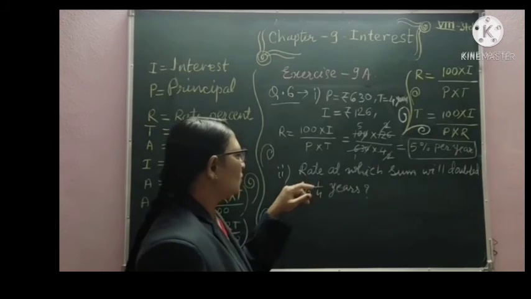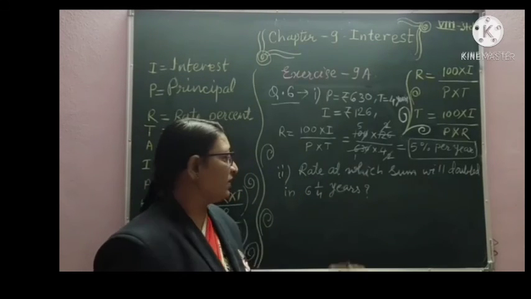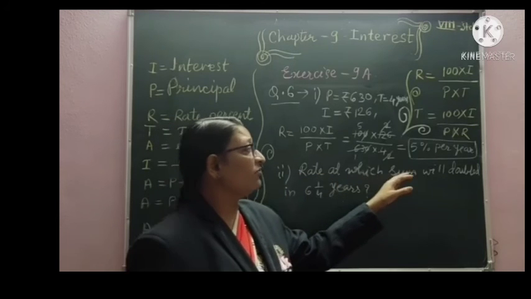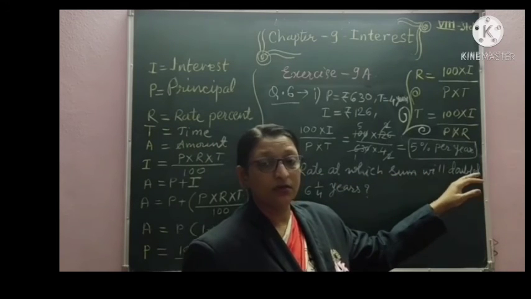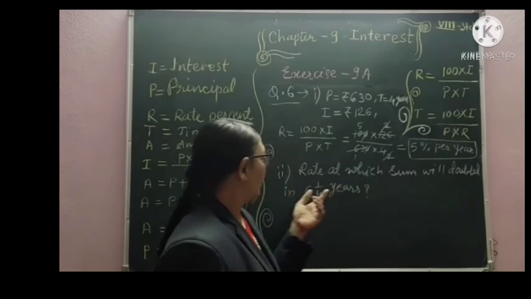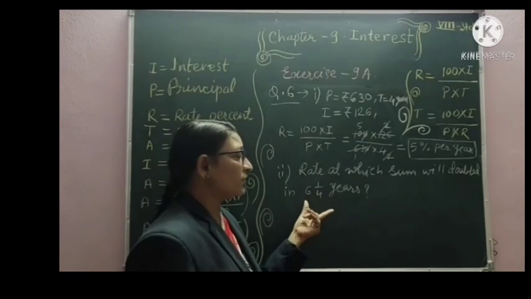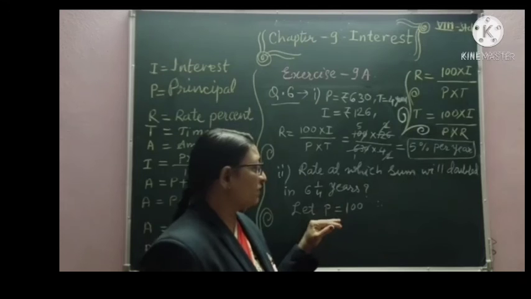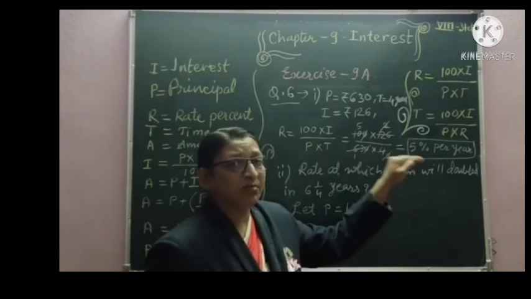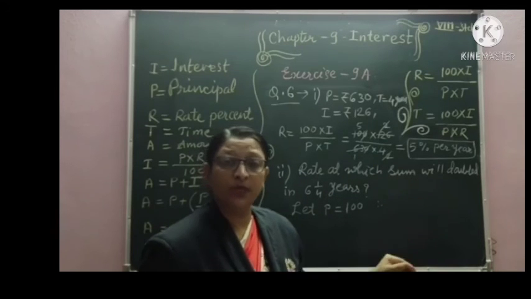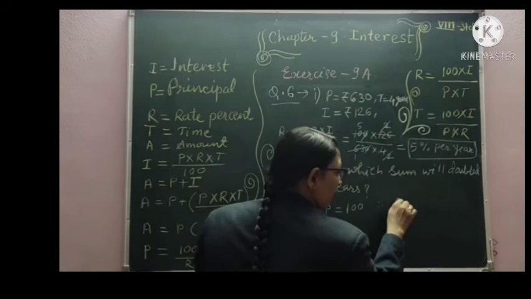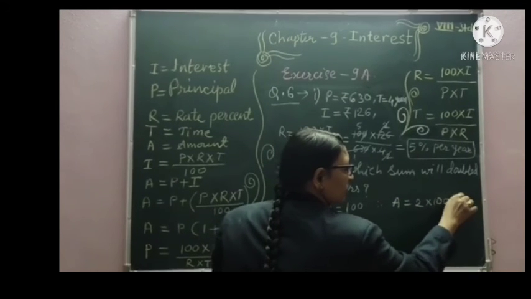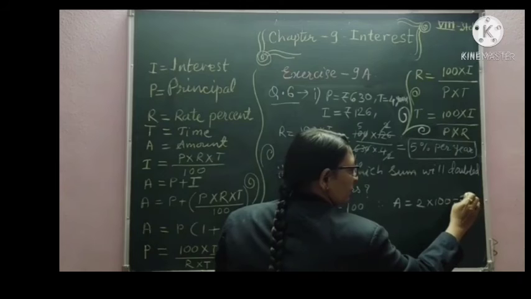Now let us turn to the second question. In the second question it is given, we have to find out the rate at which the sum will be doubled by itself in 6 and 1/4 years. Let principal be 100. Now what is given? It will get doubled. It will amount to double, means its amount is equal to 2 into 100, that is rupees 200.